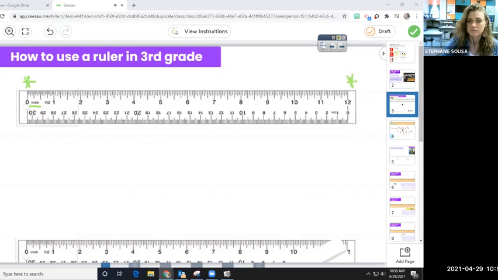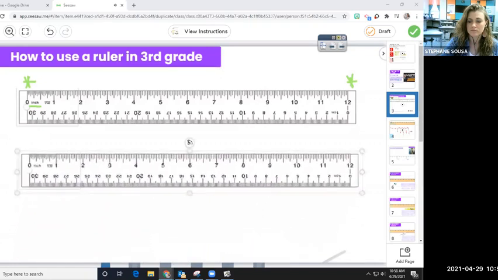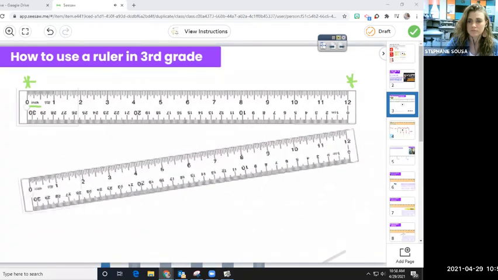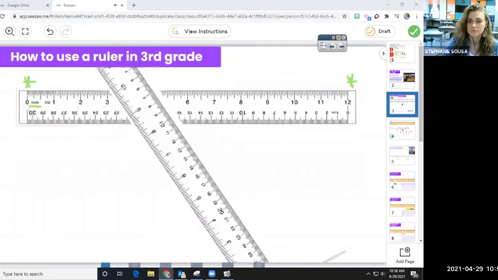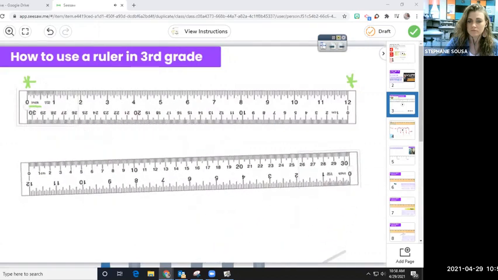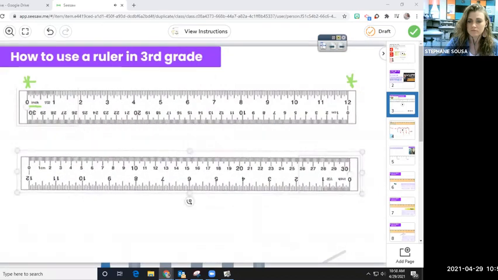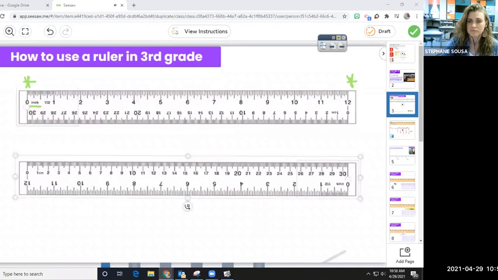I also notice that there are some other numbers on the other side. So what is that about? Well, when we have a ruler, if we turn the ruler upside down, sometimes people will use the other side to measure in a unit called centimeters.